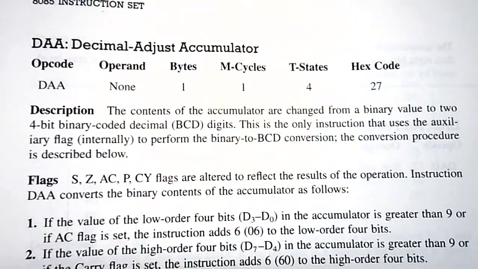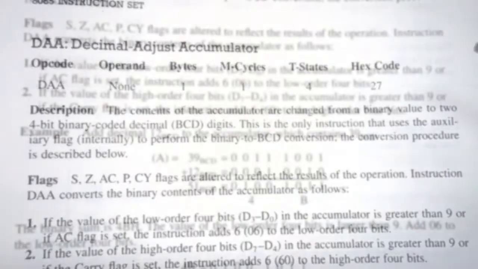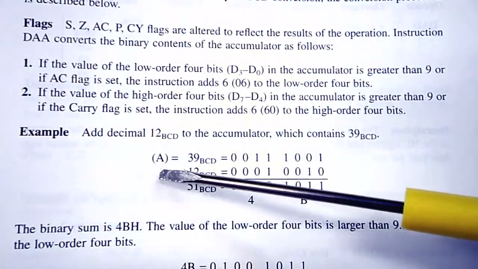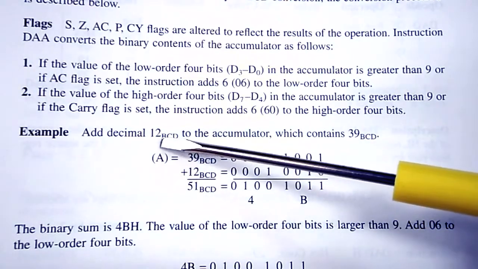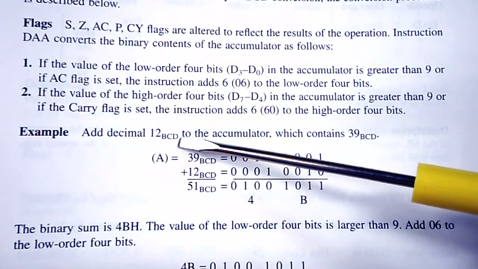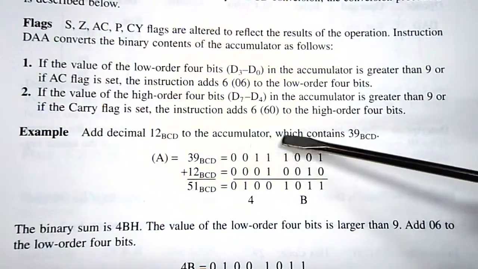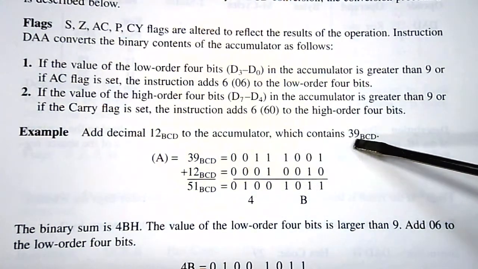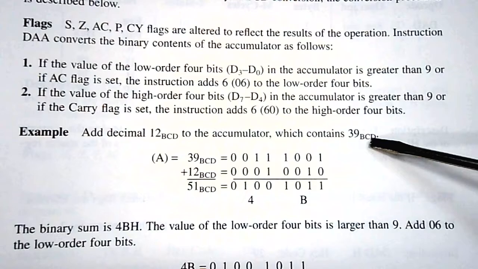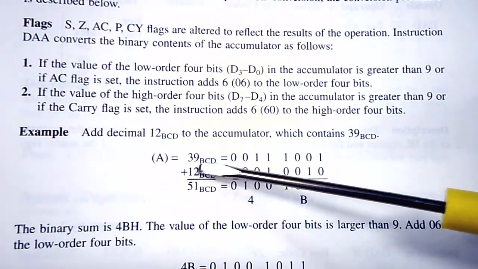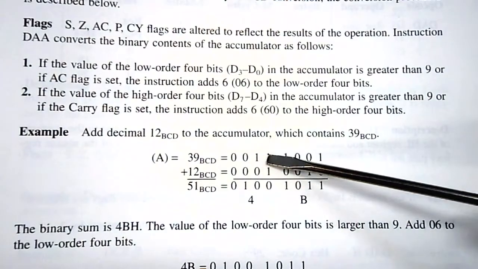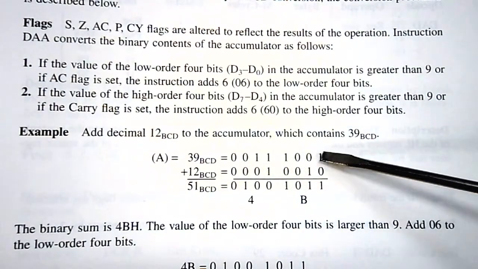And it says the instruction DAA converts the binary contents of the accumulator as follows. So looking at the example in the textbook, we're going to add the decimal number 12, because it's in BCD, to the accumulator, which contains 39, which is also a BCD number. So you can see 39 is 0011, 1001.